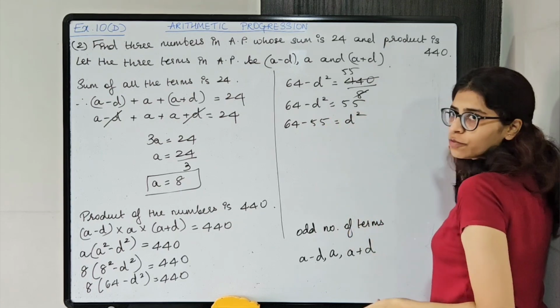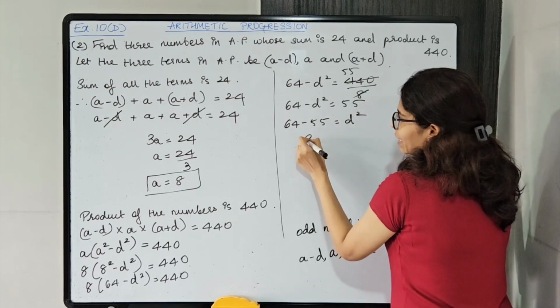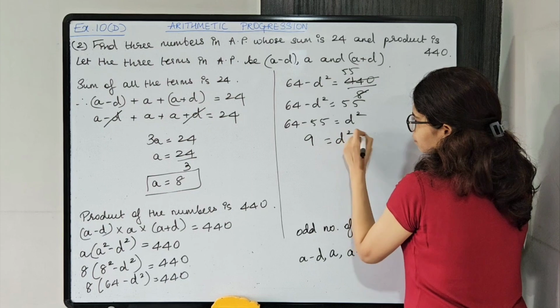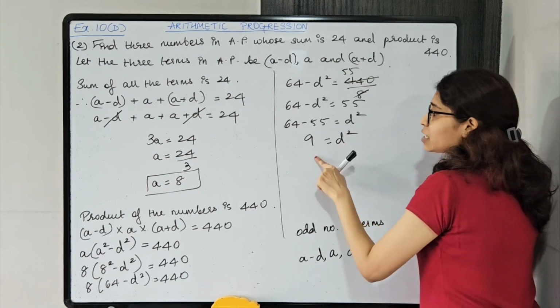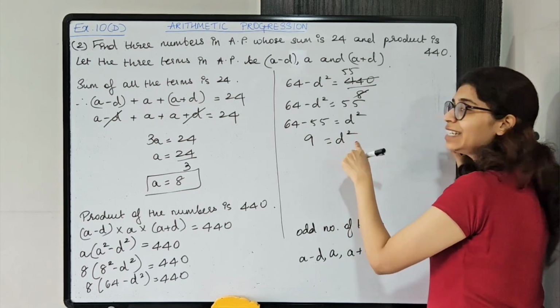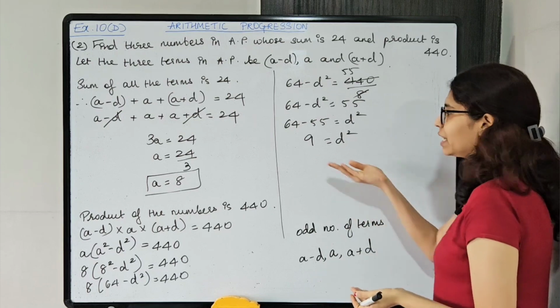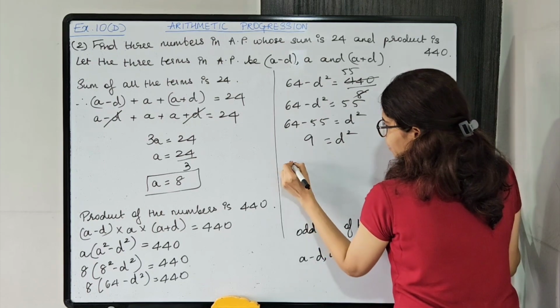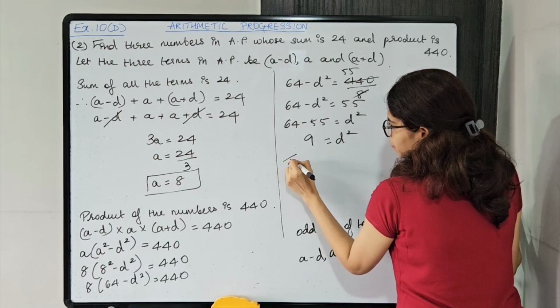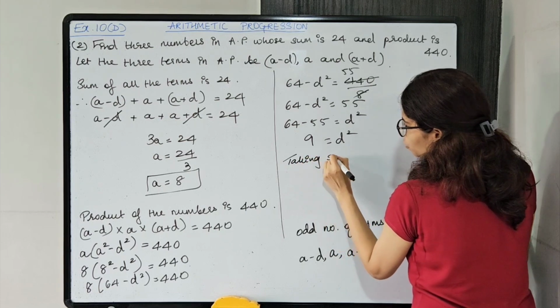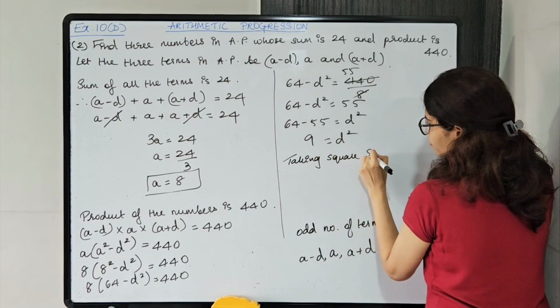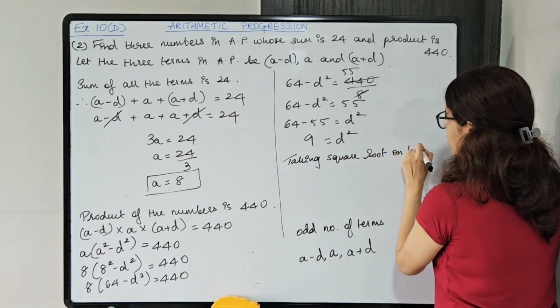So d square positive हो गया. Here we'll get 9. Okay. Taking square root on both the sides because I don't need d square का value, I want d का value. So taking square root on both the sides.